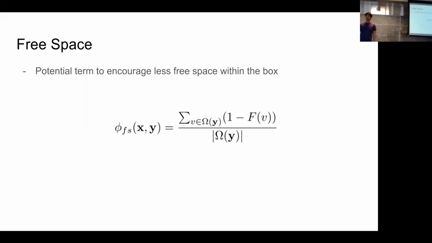When we minimize this potential, we are trying to minimize the amount of free space, because we can't have a bounding box in front of the water bottle, right? Because there's free space. So this potential tries to minimize the amount of free space inside the bounding box. That's the whole reason behind adding this potential. We'll see a bit more intuitively, there's a visualization of these potential terms later on.